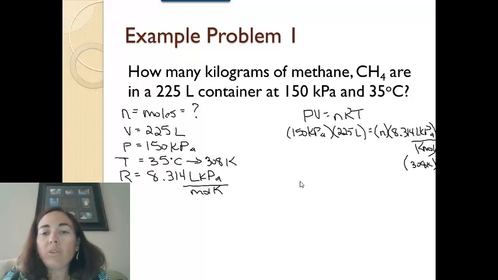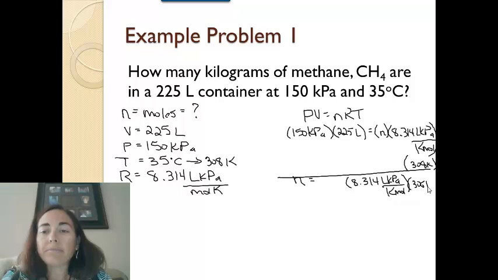Alright, so when we solve for N, to do our algebra, we need to divide both sides of the equation by 8.314 and 308 Kelvin. And when we do that, a lot of units are going to cancel out here.